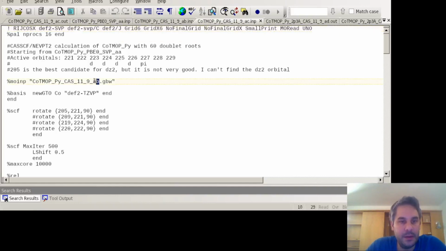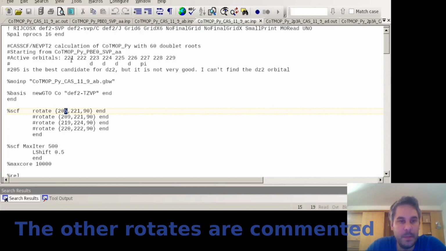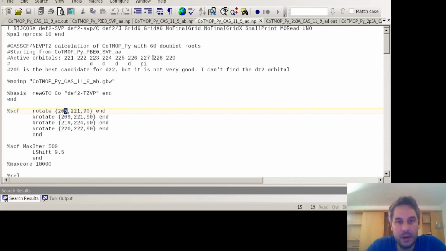I read the CAS11-9AB wave function, and now I rotate the orbital 205, which was that candidate, into the orbital 221, which was one of the orbitals I didn't want. I didn't write it here, but 222 and 229 are the LUMO plus 1, so they are okay, and the order probably changed here.